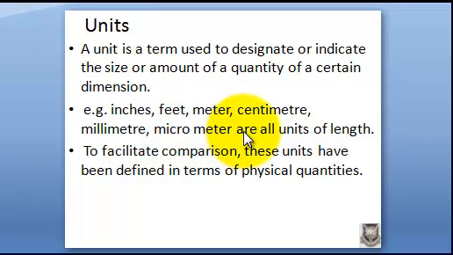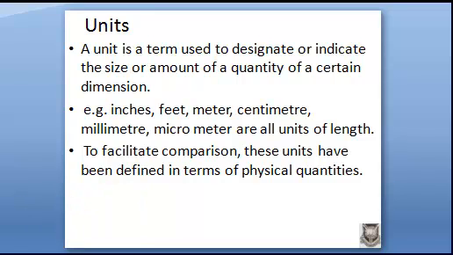All of these are units of length, a fundamental dimension. In order to facilitate comparison, these units have been defined in terms of physical quantities. In some instances, it could be meter, it could be seconds, it could be degrees Celsius with respect to temperature.